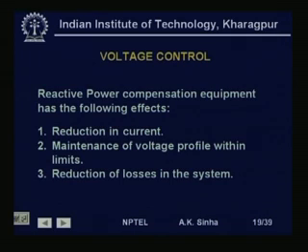Basically, why do we need this compensation? We need this compensation mainly to see that the voltage profile of the line is maintained as near the nominal value as possible. Now, the question comes, why is it so important? Well, at higher and higher voltages, we need to insulate these lines from ground as well as line to line, which means that we need to use insulators, and these insulators will be expensive if we need to provide a large safety factor.